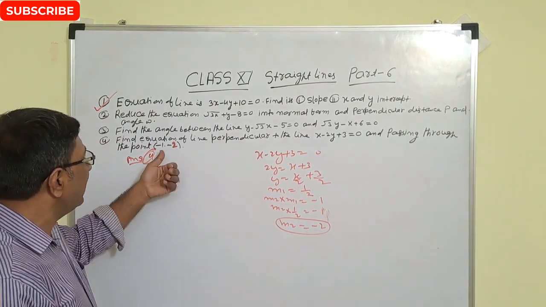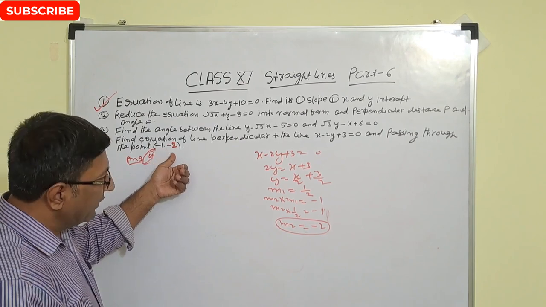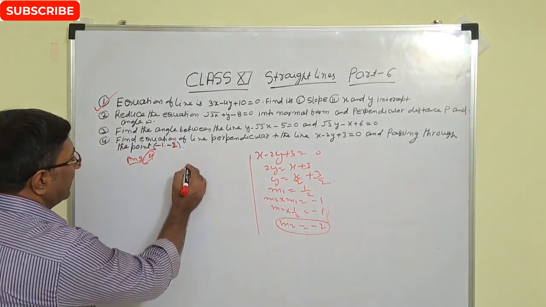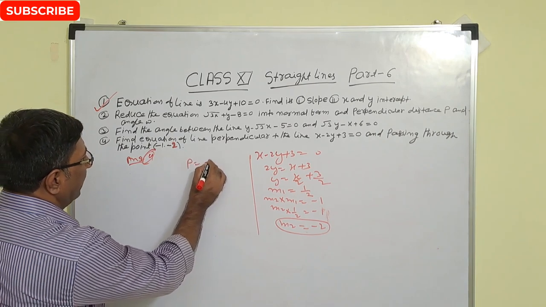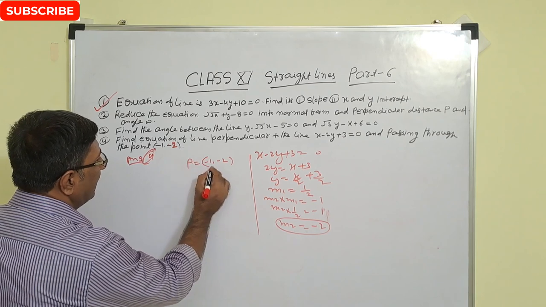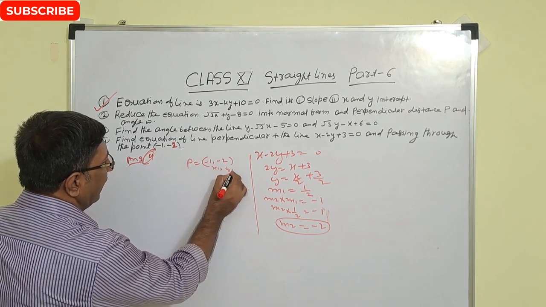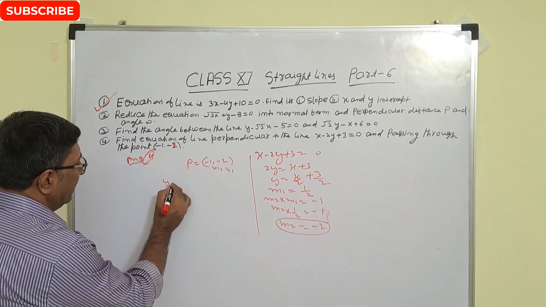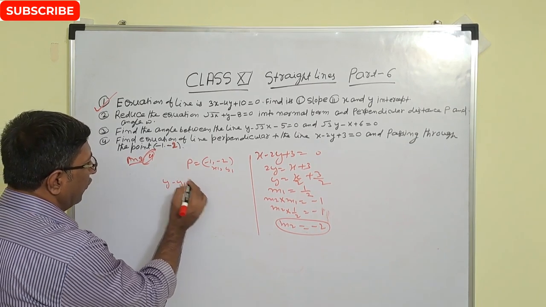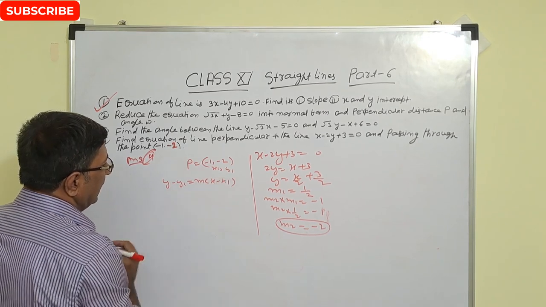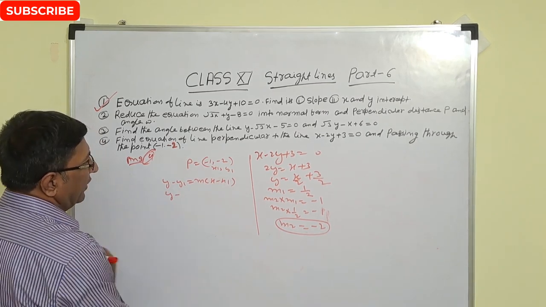So now we have found slope of our required line. And passing point is given, minus 1, minus 2. So passing point P equal to given minus 1, minus 2, right? So this is x1 and this is y1. So we know the equation of line is what? y minus y1 equal to m into x minus x1. So here y minus y1 means what?